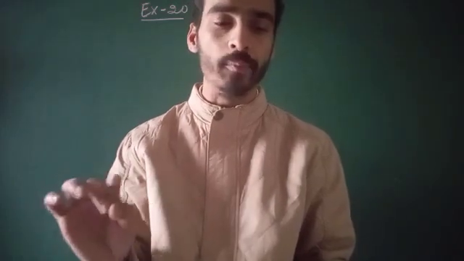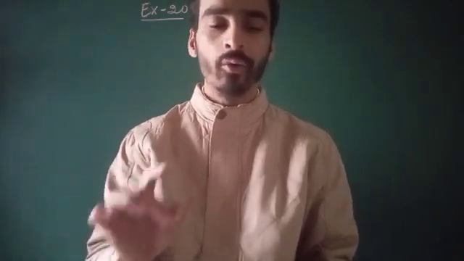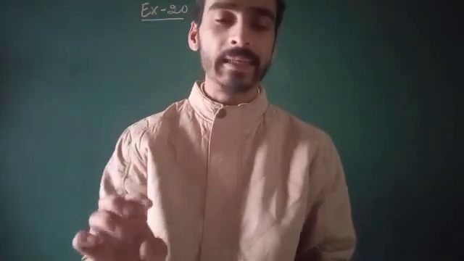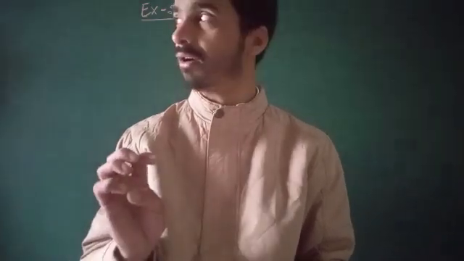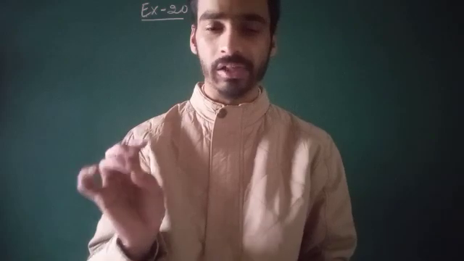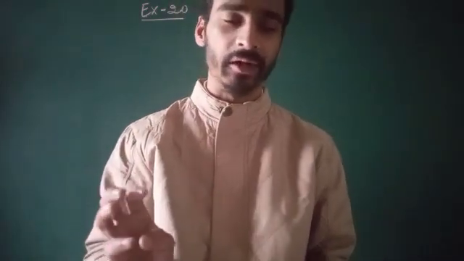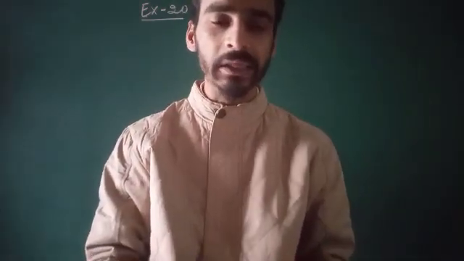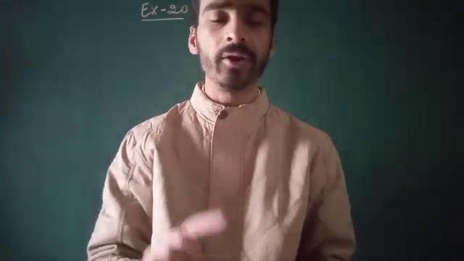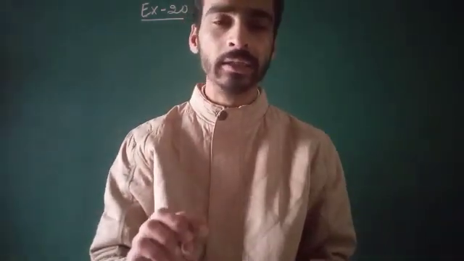A and B are symmetrical, C and D are asymmetrical, and E is symmetrical. Okay, now come to question number 2.